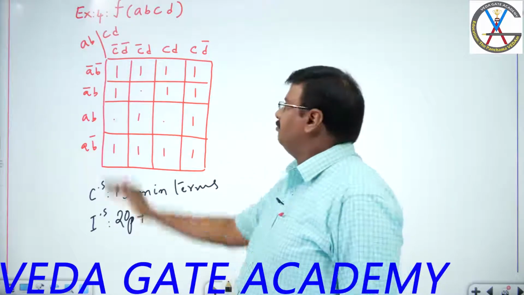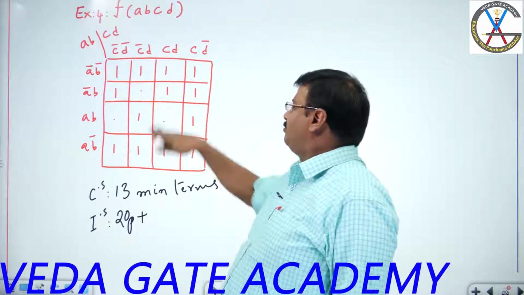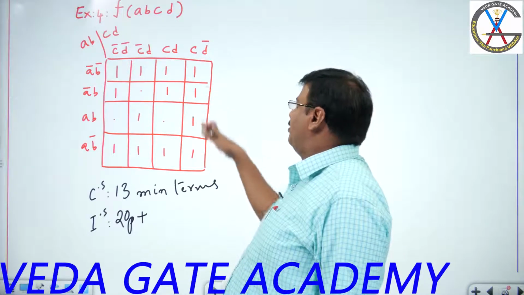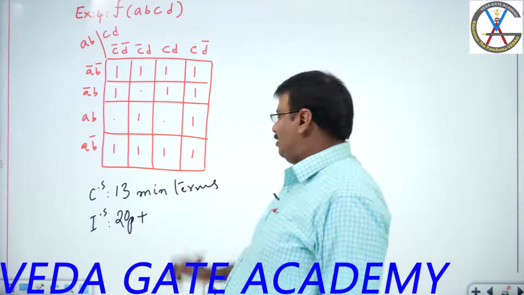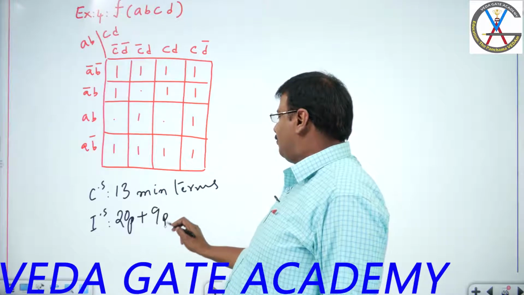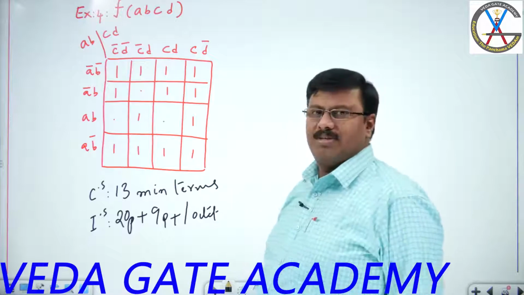I repeat once again, 1, 2, 3, 4, 5, 6, 7, 8, 4 corners 9. So 9 quads plus 1 octet. Where is octet? The top and bottom, the octet.